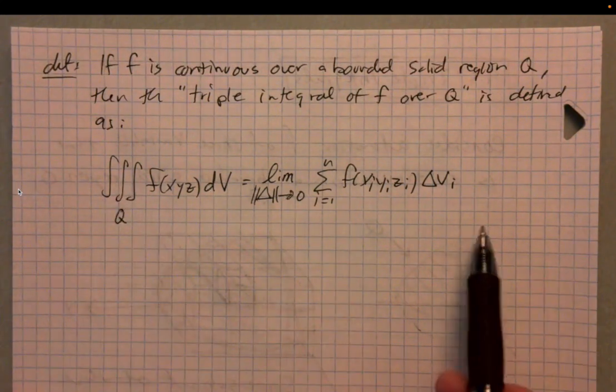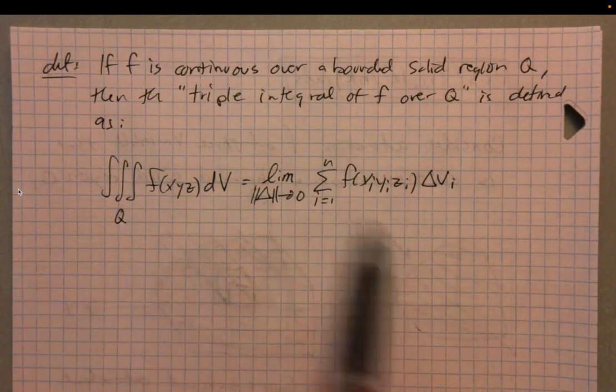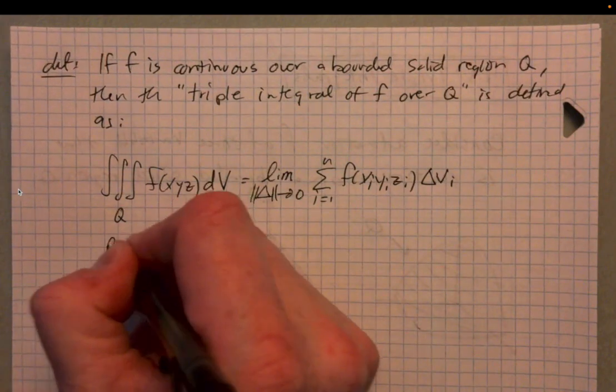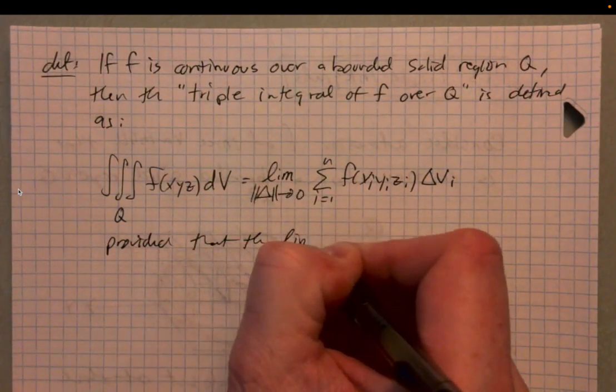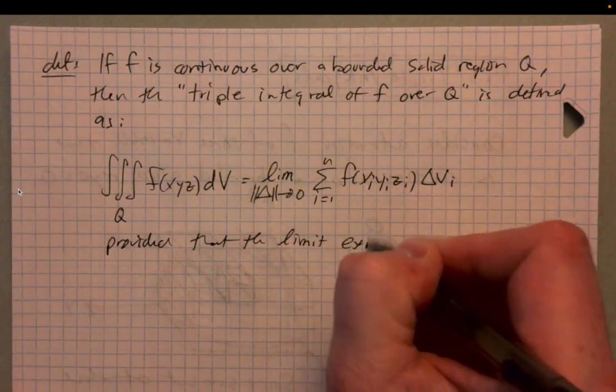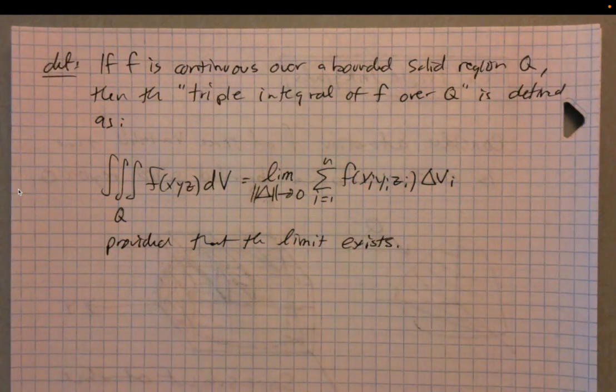Right, so this is the definition of the triple integral, and this is all provided that the limit exists, of course. Okay, so provided that the limit exists. All right, and I know I kind of tortured that a little bit, but I want to make sure to give enough time for examples.